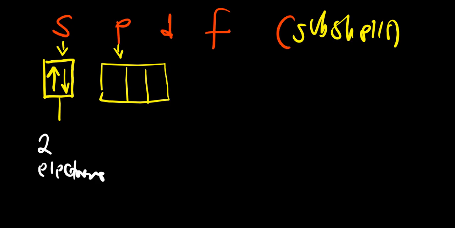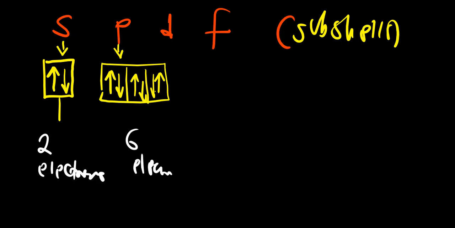So it means the maximum number of electrons that it can hold is 1, 2, ... so you realize that it can only hold 6 electrons. That's what we earlier said.